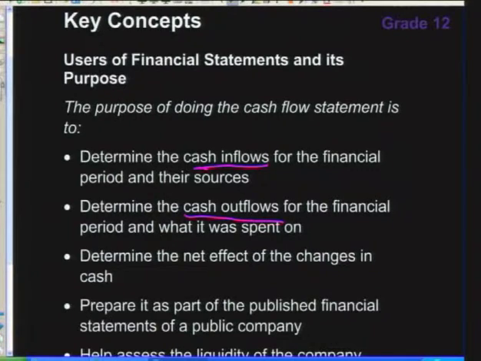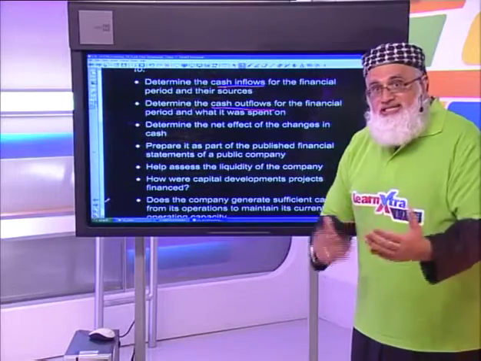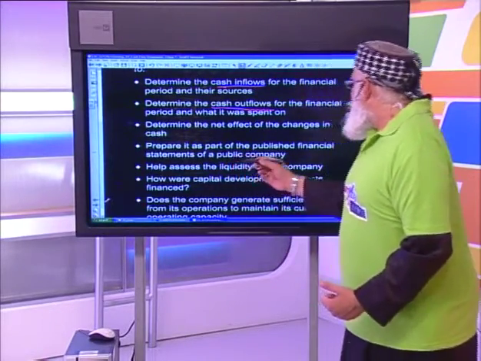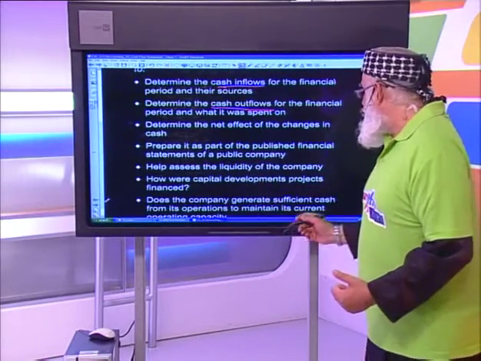Then, what were the net effect of the changes in the cash? So in other words, what we are saying is that if your bank has changed, what is the reason behind the change in that bank account? As you will see later on when we get into the lesson. Okay? It's part of the published financial statements. We've alluded to that already.